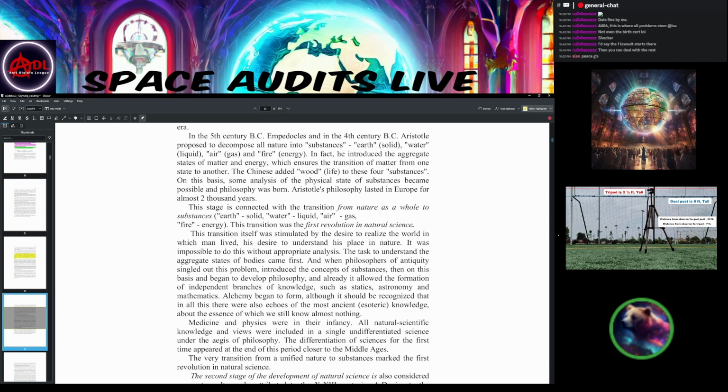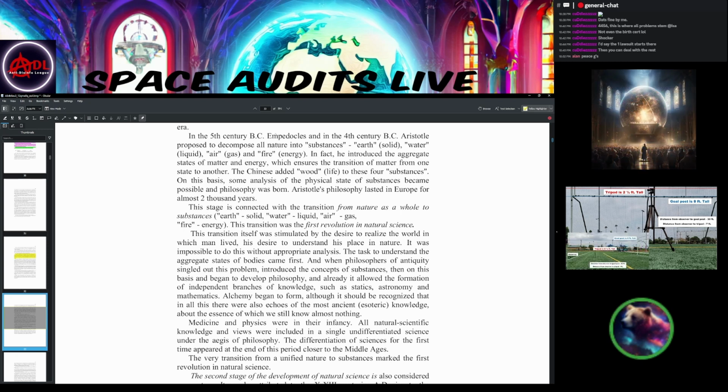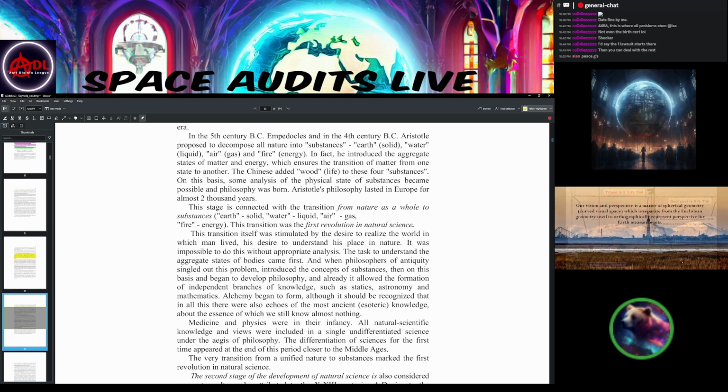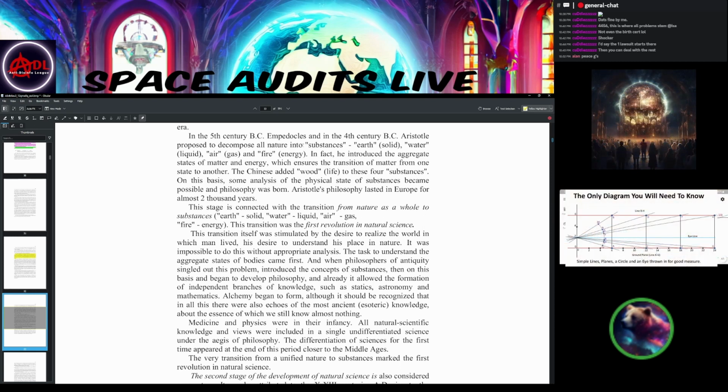In the 5th century BC, Empedocles, and in the 4th century BC, Aristotle, proposed to decompose all nature into substances: earth, a solid; water, a liquid; air, a gas; and fire, energy.